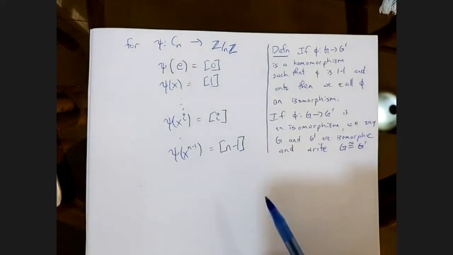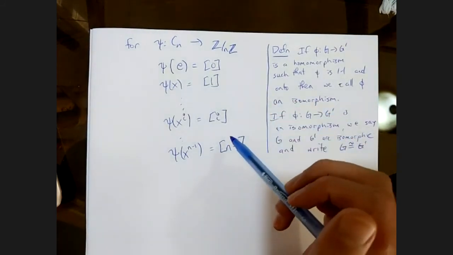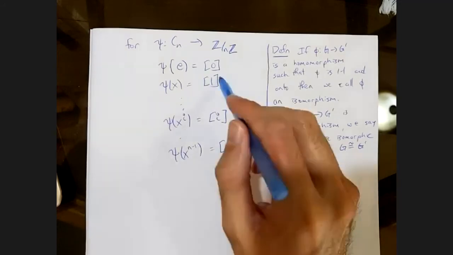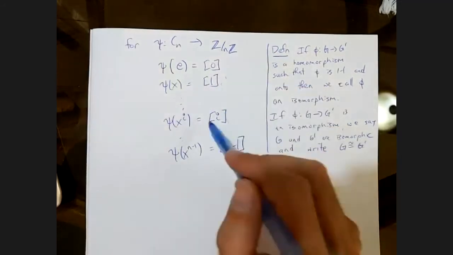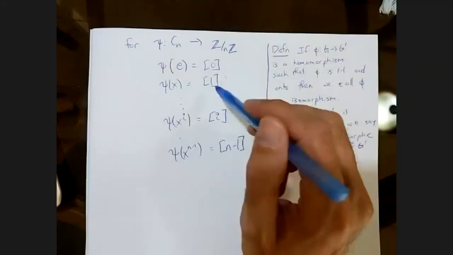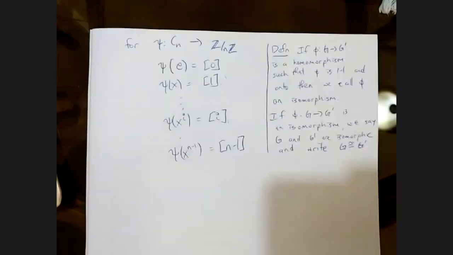This gives me a table of equivalences between the elements. And because psi is a homomorphism, addition on this side translates into multiplication on this side.